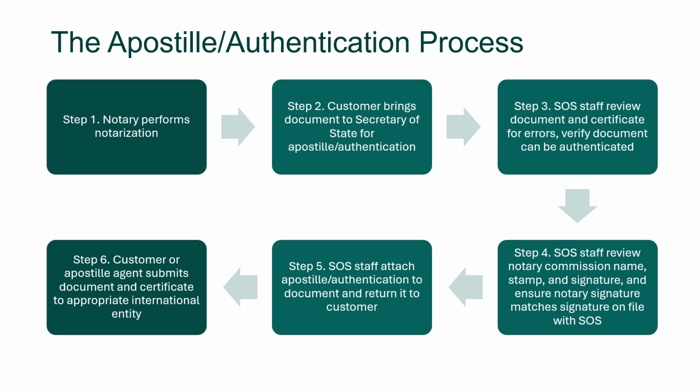Step 3, Secretary of State staff review the document and certificate for errors and verify that the document can be authenticated. Step 4, Secretary of State staff review the notary commission name, stamp, and signature and ensure that the notary's signature on the certificate matches the signature on file with the Secretary of State.